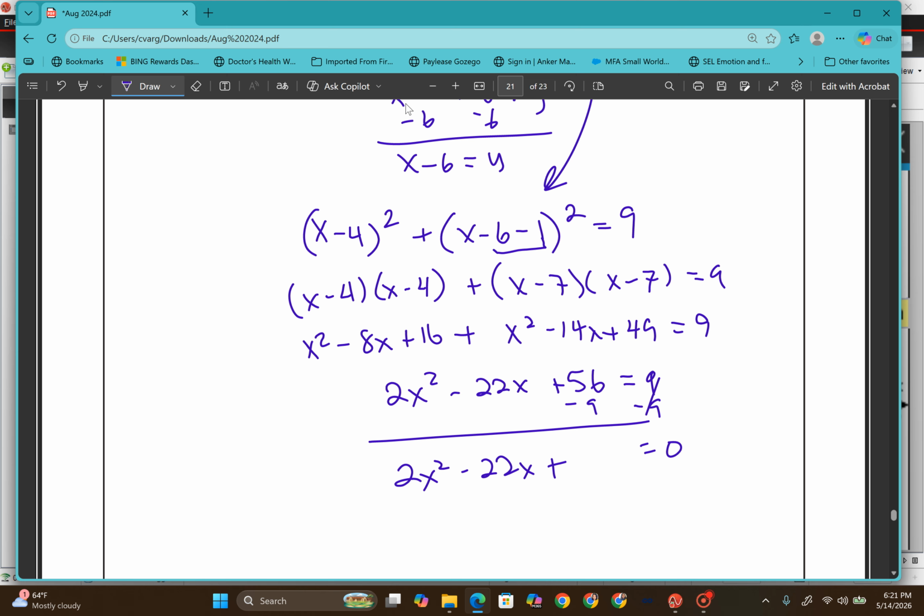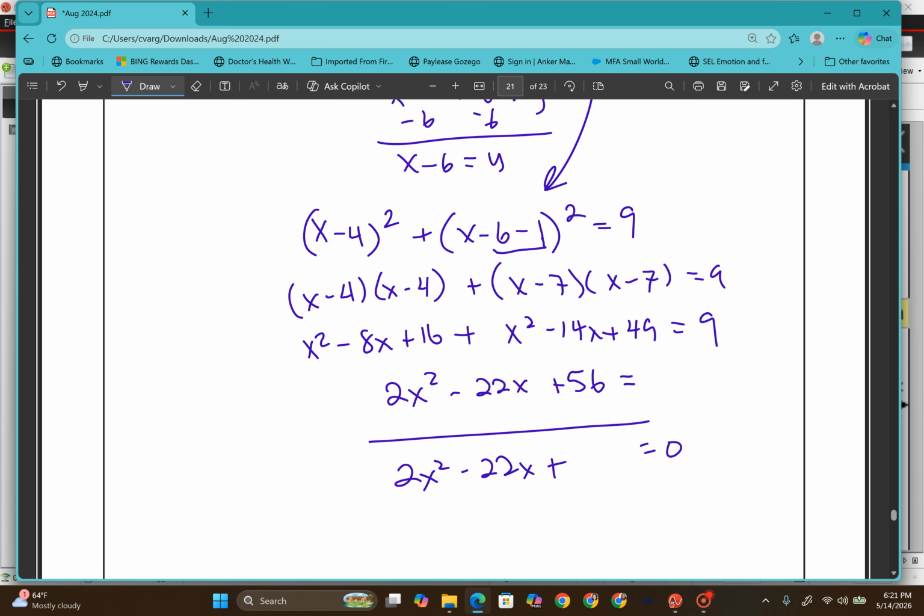X squared plus 8x minus 8x plus 16 plus x squared minus 14x plus 49. Oh yeah. Okay, so that's including, so this is going to be equal to 0. Plus equals 9, and then when I move all of that over, 16 plus 49.